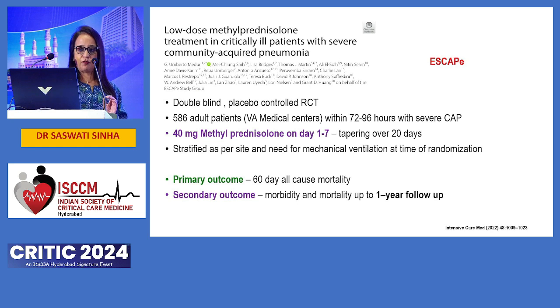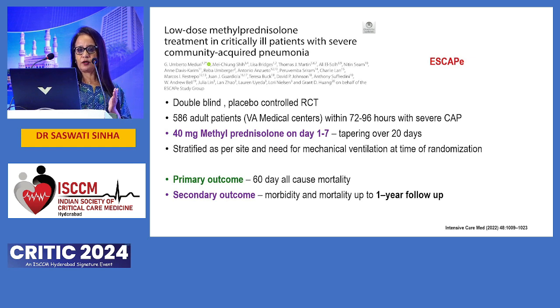Now, what I would like to focus on is the two main trials which have been published in the last 2 years. One is the ESCAPE trial, which was published from the US, and it included 586 adult patients. They gave steroids, that is methylprednisolone, from day 1 to day 7. However, they started a little bit late. This is in contrast to the next trial, which I'm going to talk about.